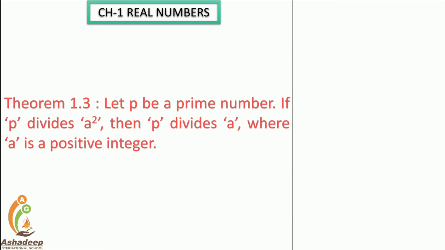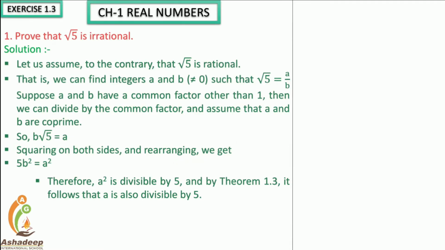Now let's move ahead with exercise 1.3. In exercise 1.3, the question is: prove that square root of 5 is an irrational number. I'm going to do this sum step by step, and later I will explain it.